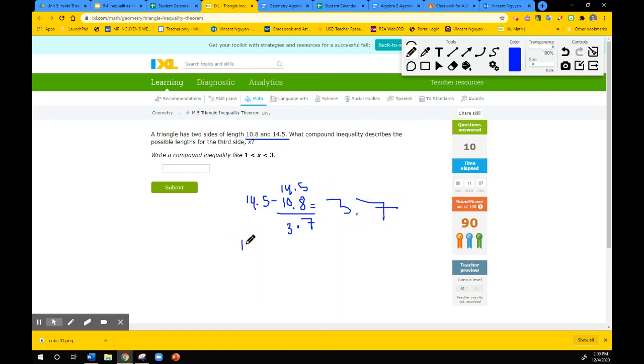And then I add them: 14.5 plus 10.8. That will be 3, carry the 1, 5, and then 2. So 25.3. So 3.7 is the smallest, then the inequality, x, the inequality, and then 25.3 is the max. Submit.